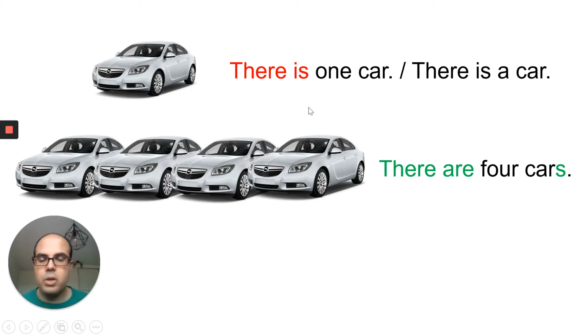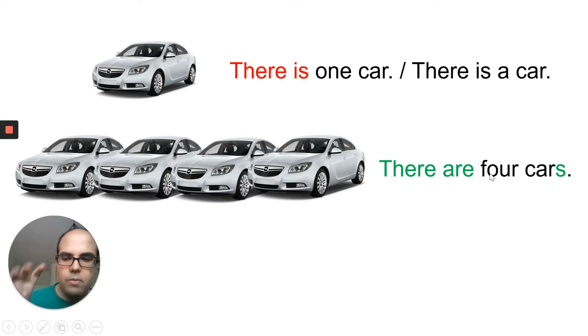When we are talking about only one, we say there is. But when we are talking about more than one, in this case we can say 2, 3, 4, 5, 10, 26, etc., we don't use is. We have to use there are. Okay, we change the is for are.